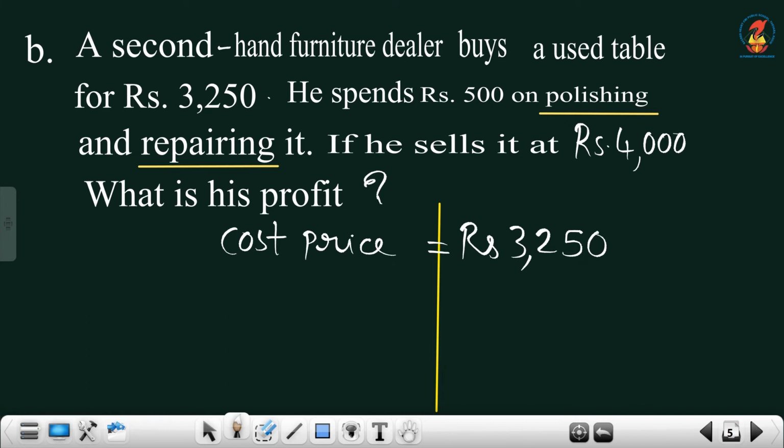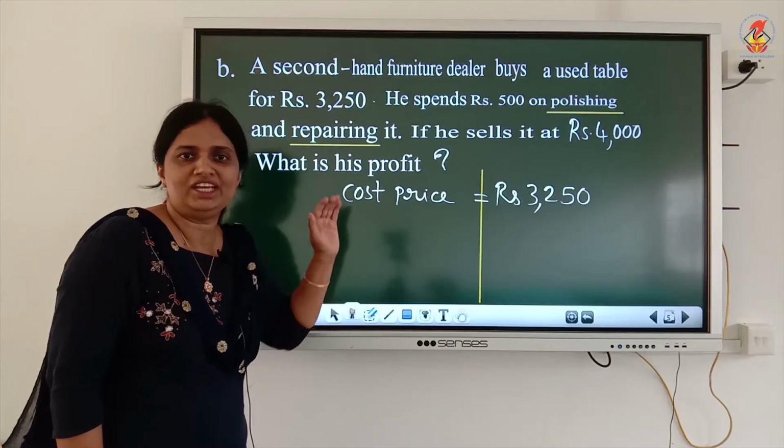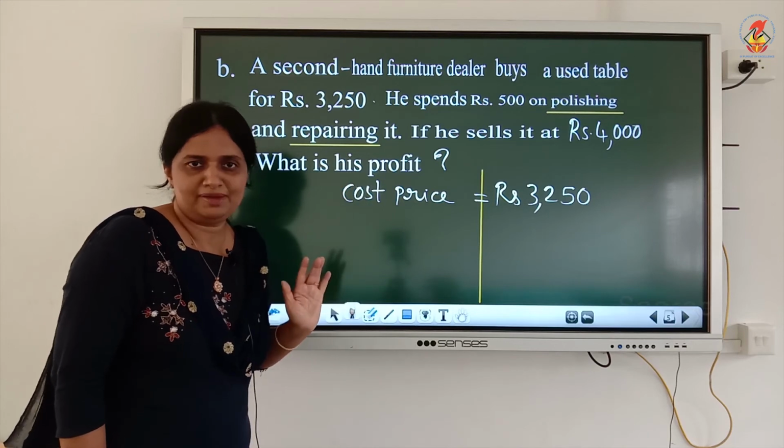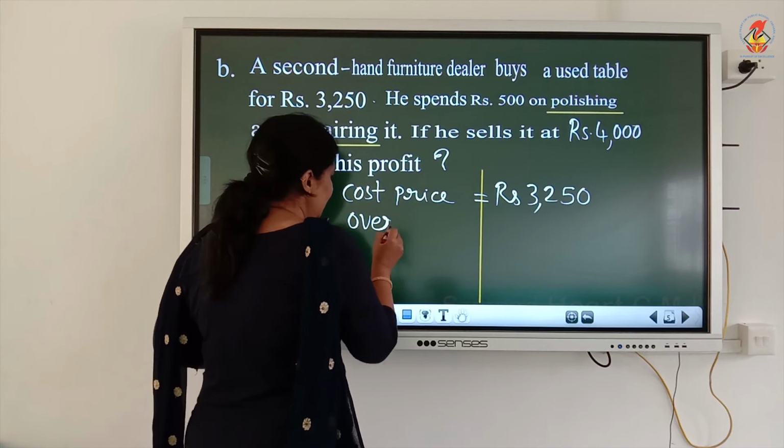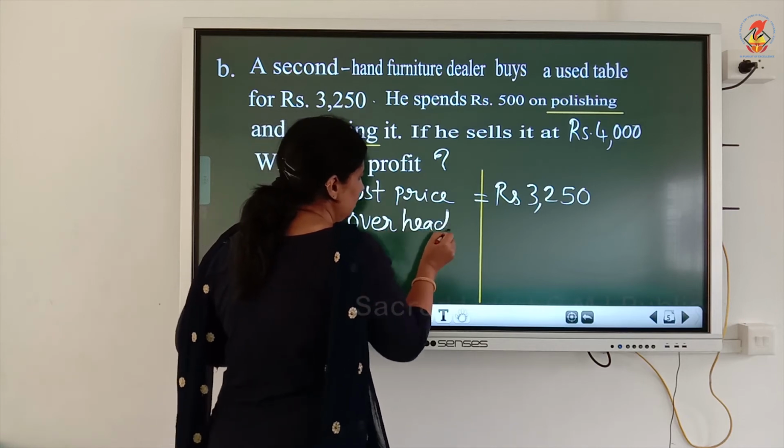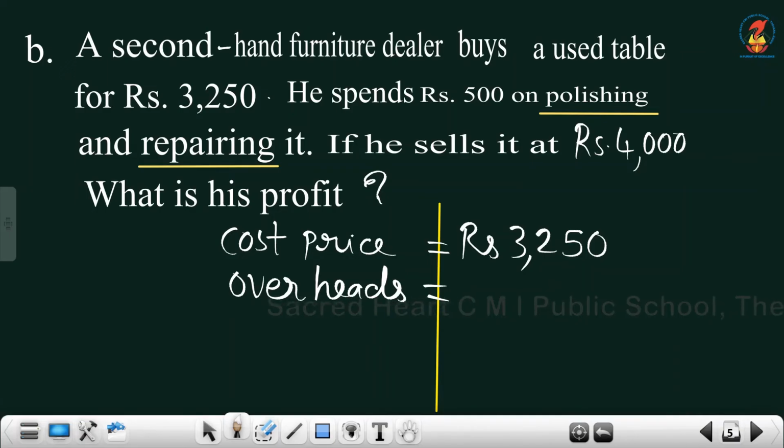We need to add to which cost? Overheads. We need to add to CP. Is it clear? And next we write overheads. How much he spent for polishing and repairing? Rupees 500.